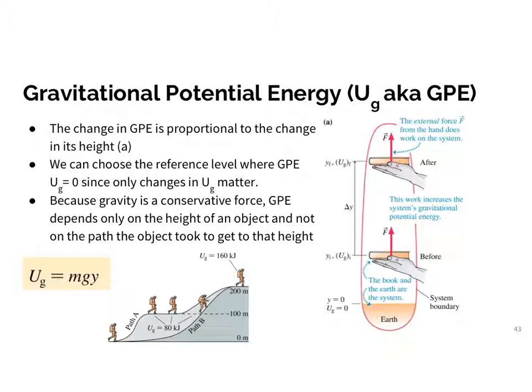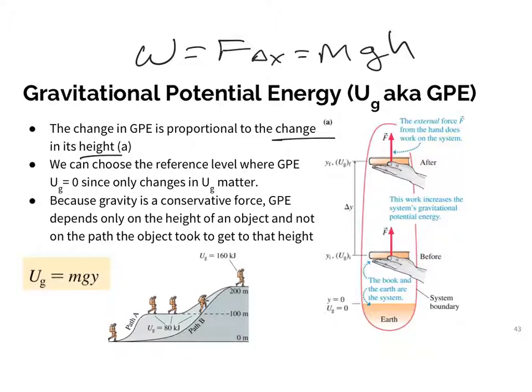Before, work equals force times distance, well, the force I'm overcoming is gravity, which is mass times gravity, and the distance I'm traveling is the height, or whatever I change in the y direction. So gravitational potential energy is proportional to the change in its height, and if we put the ground or the earth as our zero point, then the height above that is our final y position, and that'll be how much potential energy we have. And all it depends on is the height.